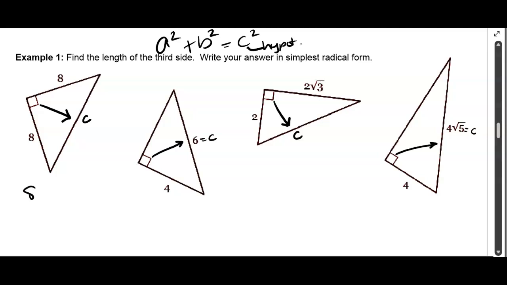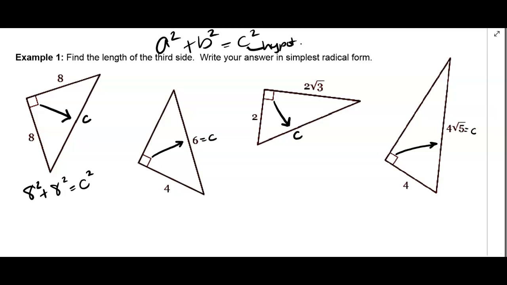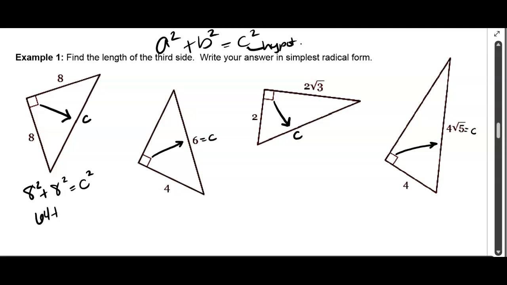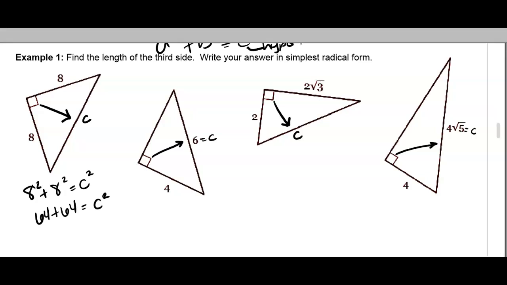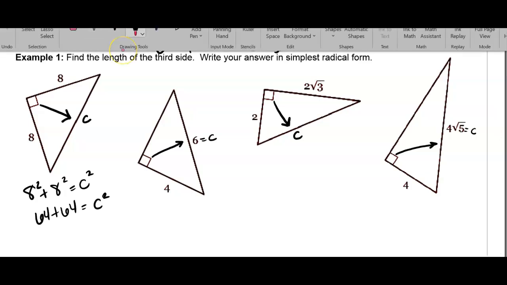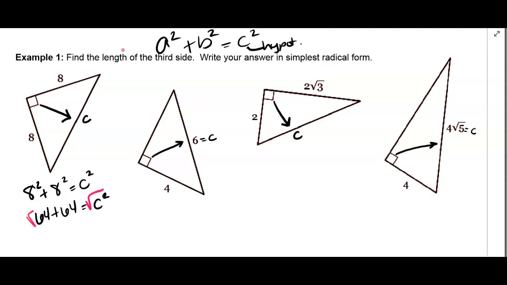So I'm going to say 8 squared plus 8 squared is equal to c squared, and I want to solve for c. So I'm going to write 64 plus 64 equals c squared. To cancel out squaring, you square root both sides.